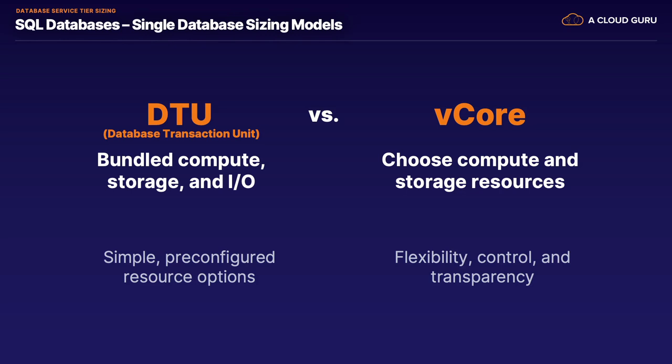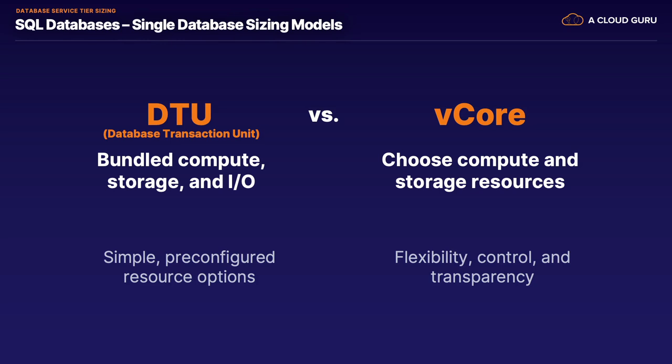The virtual core model is probably something you're already familiar with. You're going to choose the compute and storage resources that gives you the flexibility, control, and transparency of how much information is getting transferred to your actual virtual machines. The database transaction unit is going to be a little different, but it's actually very useful as far as bundling storage, compute, and I/O.